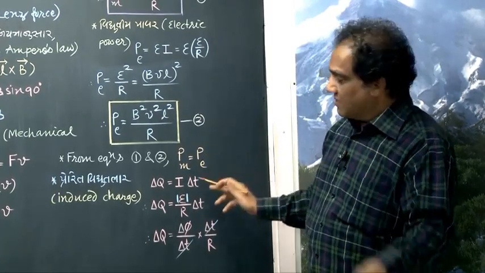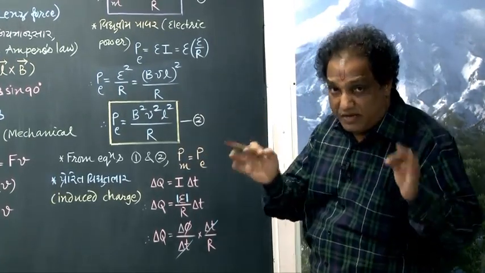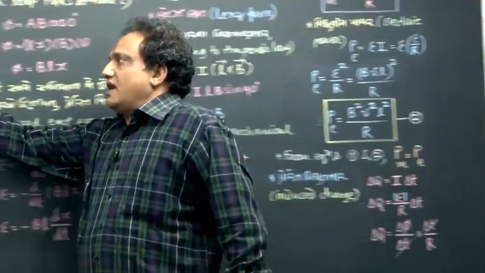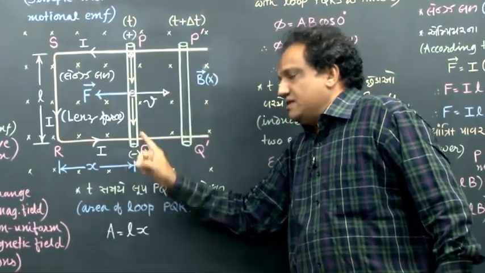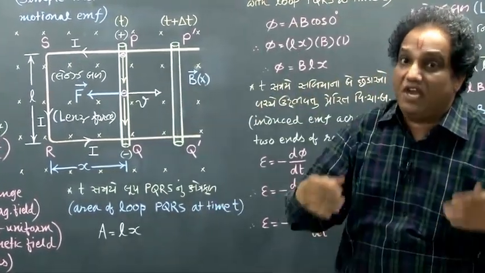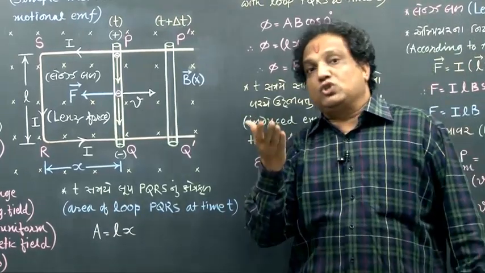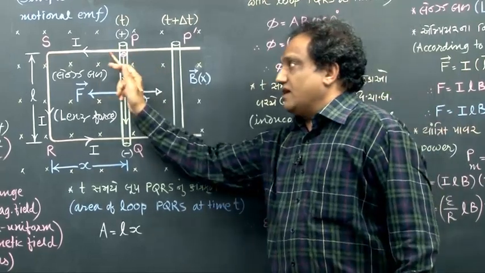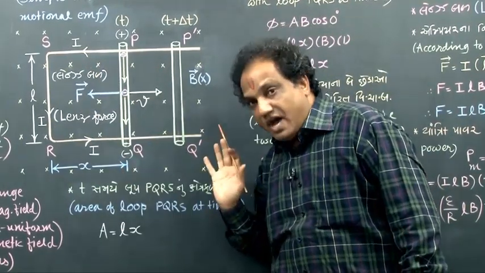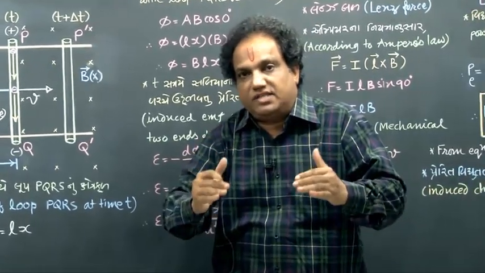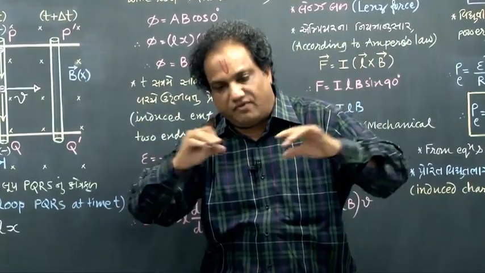But mind well, here we have made one assumption. What is that assumption? Actually, when current is passing through this wire, it is going to dissipate some energy in the form of heat energy. You know Joule's law, Joule's effect. Whenever current is passing through any conducting wire, some amount of heat is generated and ultimately that energy is getting dissipated outside from that wire.